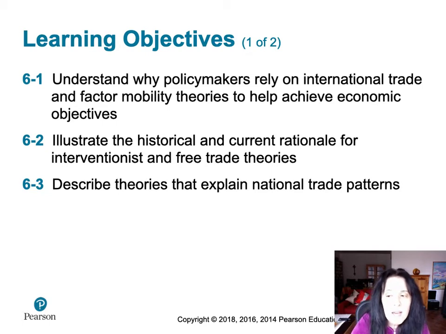We will then look at theories to explain different trade patterns, such as how much countries depend on trade, in what products, and with whom they trade. So therefore, under that topic, we will be looking at the theories of country size, factor proportions, and country similarity theory.